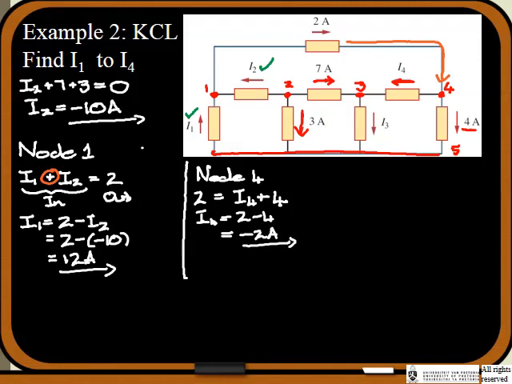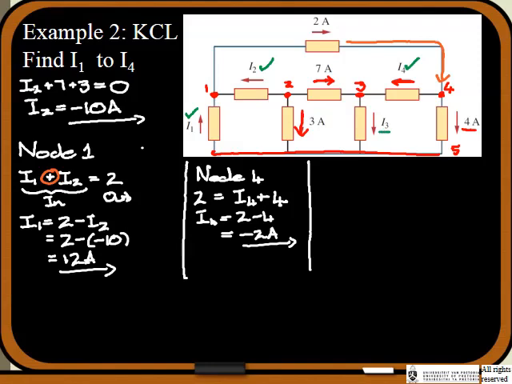So lo and behold, we've got another negative current. So I4 is actually also a negative current, minus 2 amps. But that's not going to deter us. We're not worried about that part. So then the last current that needs to be solved is I3. So let's just check. So now we have I4 as well. So now it's only I3 that we don't know.